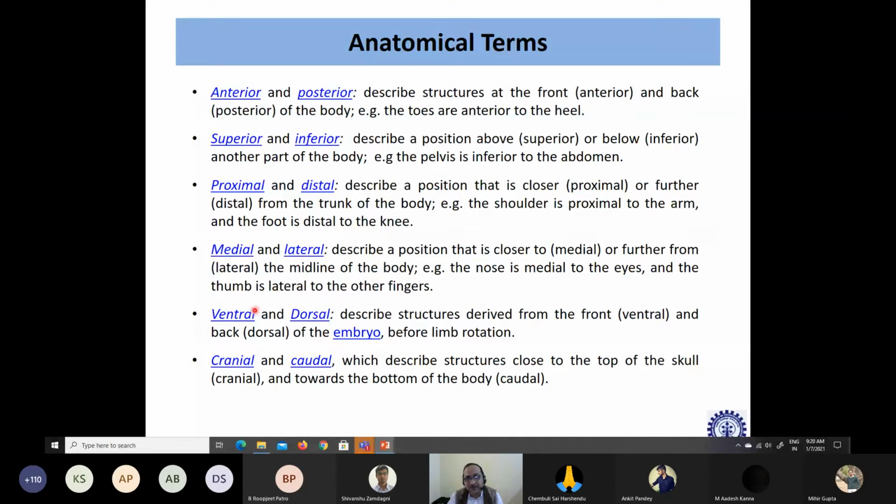Medial, lateral, and very rarely I've seen they also use ventral and dorsal, describing structures from the front. From the anterior side is ventral and posterior is dorsal. These are also synonymous terms, similar to cranial and caudal. Cranial is more superior and caudal is inferior.